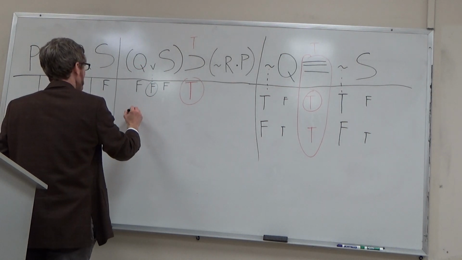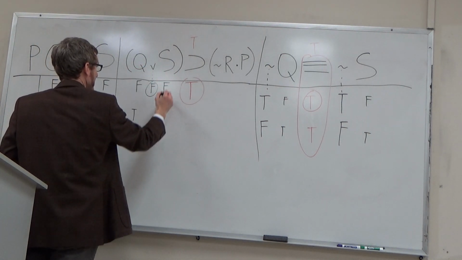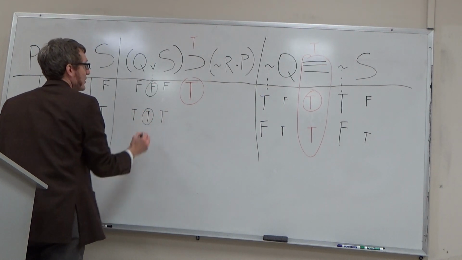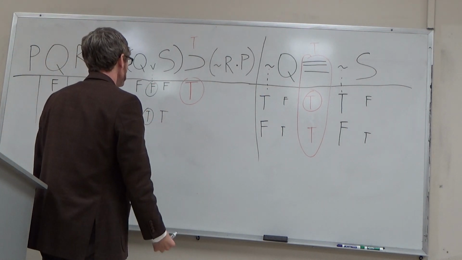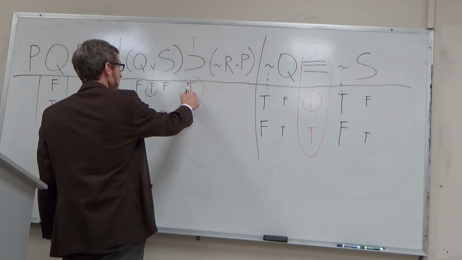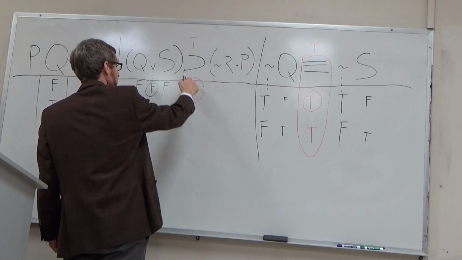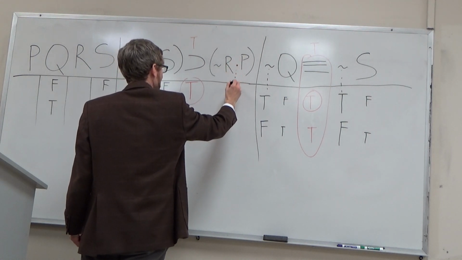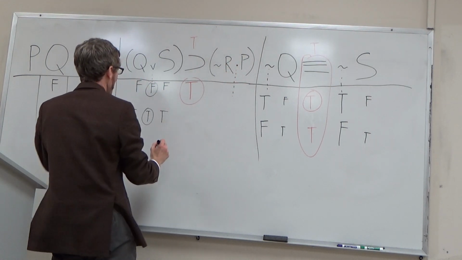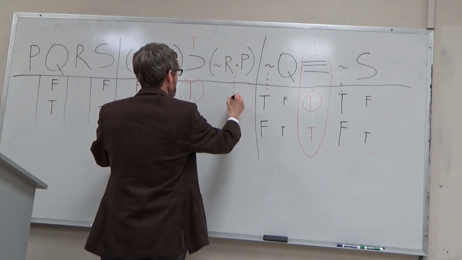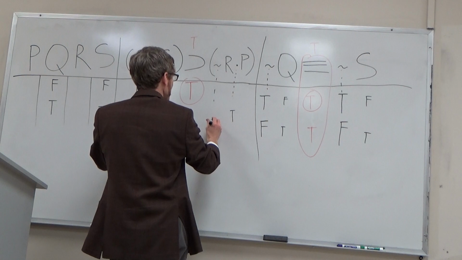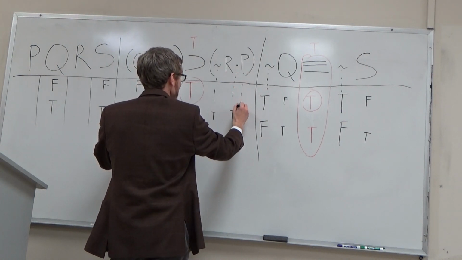So if they're both true, Q and S, then the wedge is true. So then we have to figure out, well, is the conditional going to be true? Only if this conjunction is true. Because we've got to have if true, then true. So in order for this to be true, then not R has got to be true, and P's got to be true.